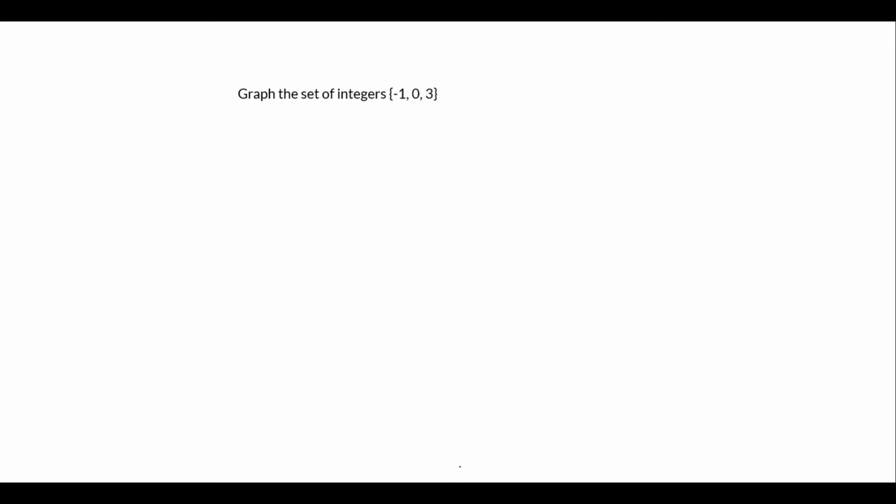Okay, now we're going to graph a set of integers. So we are going to draw a number line. Put 0 in the middle. 1, 2, 3. Okay, so graph the set of integers -1, 0, and 3. When you graph on a number line, you just go to that location on the number line and draw a dot.